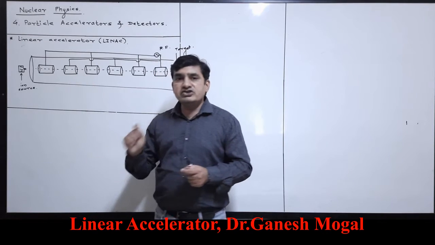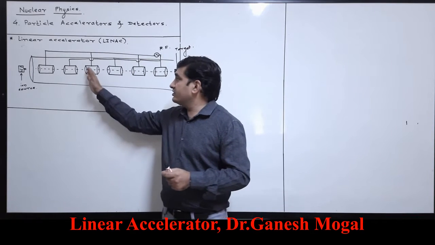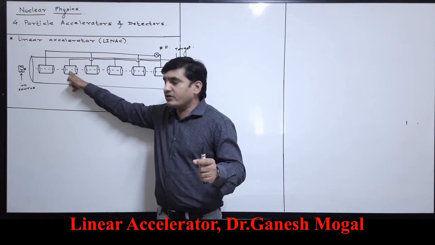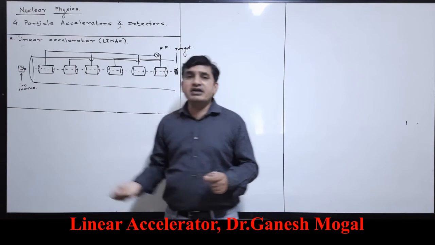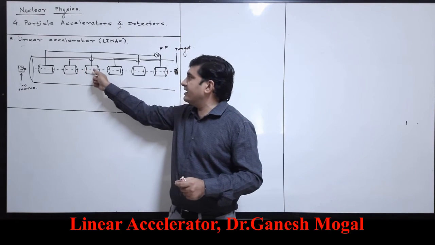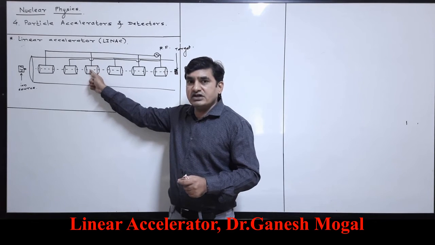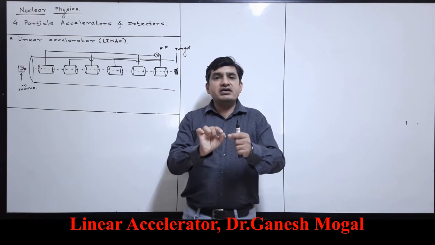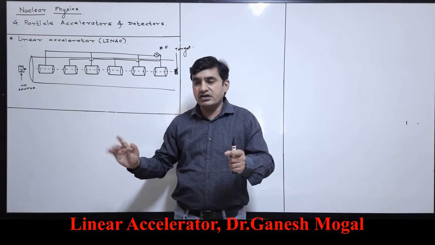So when the charged particle is in the gap between the second electrode and the third electrode, due to the positive potential across the second electrode and negative potential across the third electrode, the charged particle gets accelerated and enters the third cylinder. The potential across the third cylinder is negative.